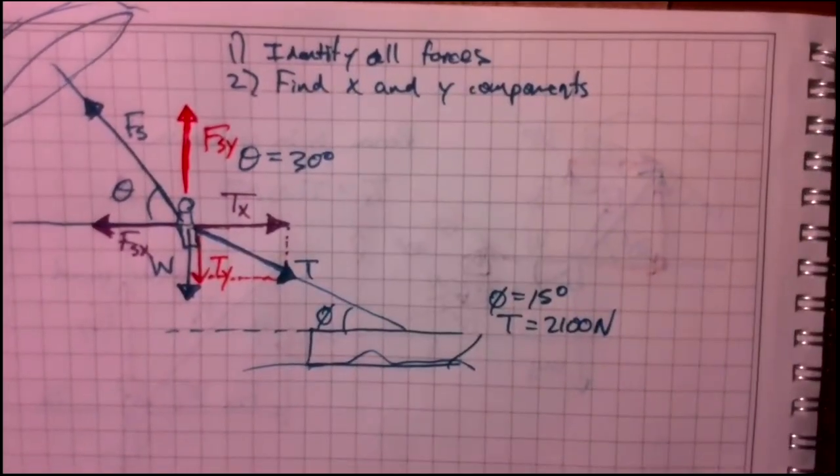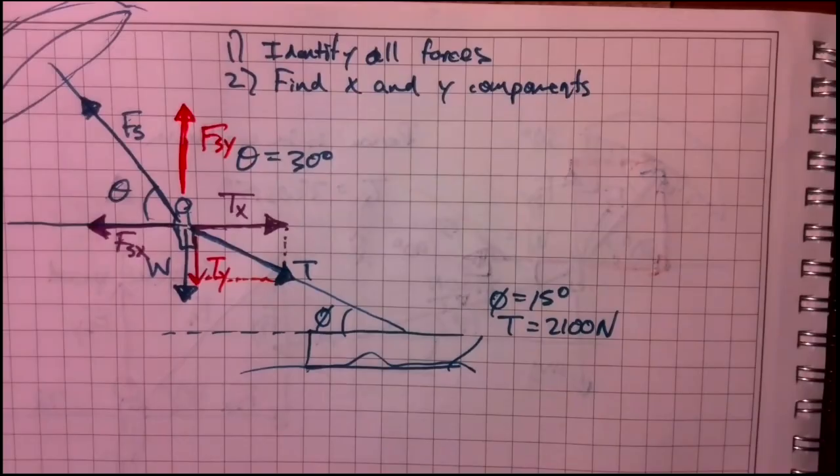Now, another important thing is the problem tells us that it's traveling at a constant speed. A rider is towed at a constant speed.